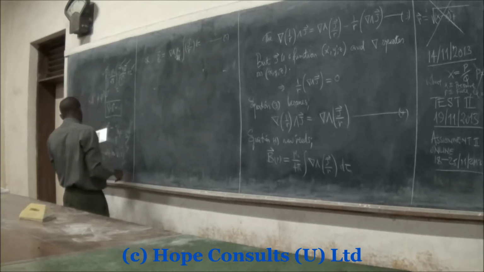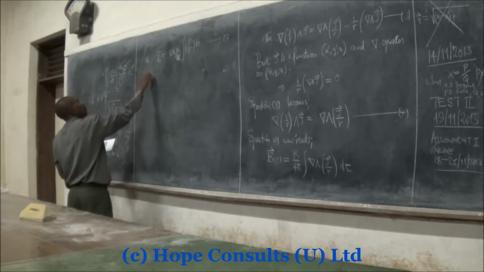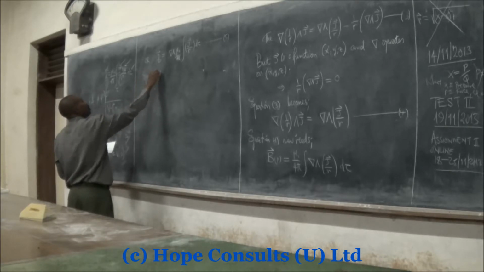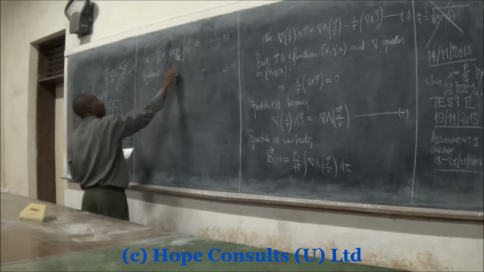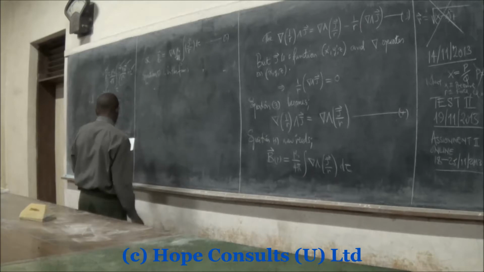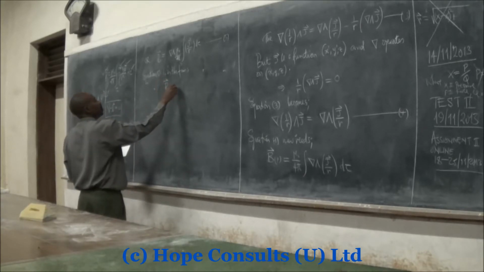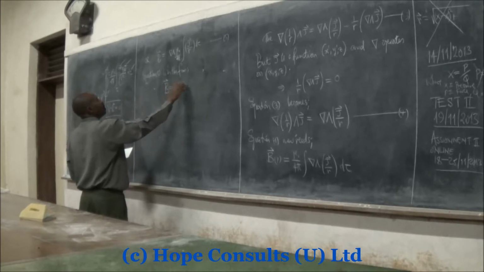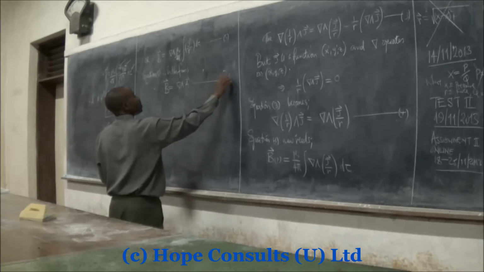Equation 5 is in the form B is equal to the curl of A. And there is 6.